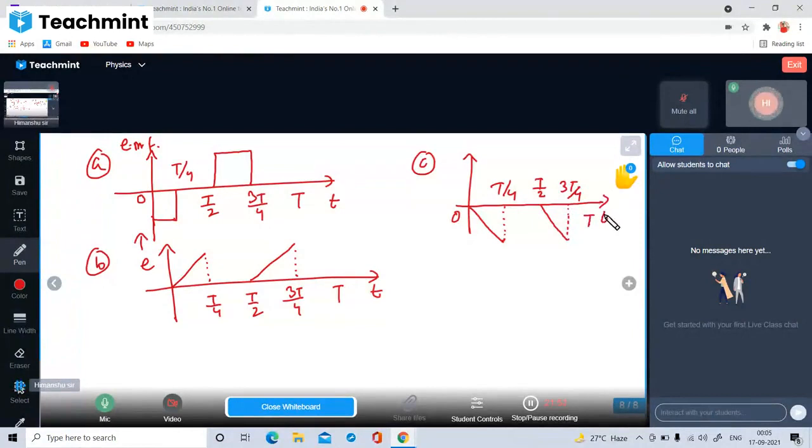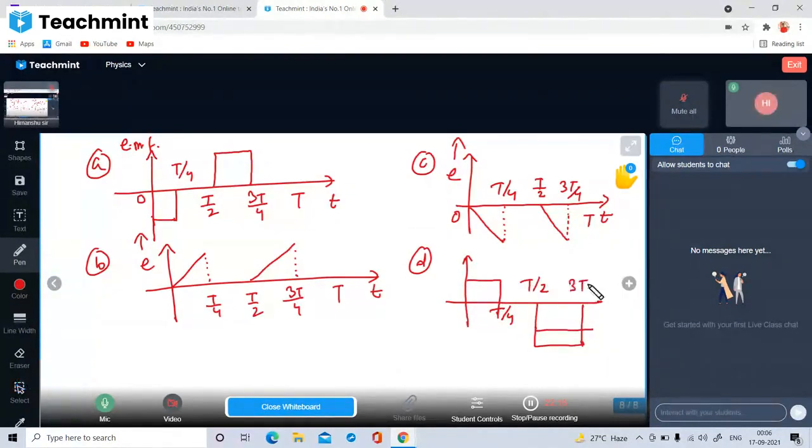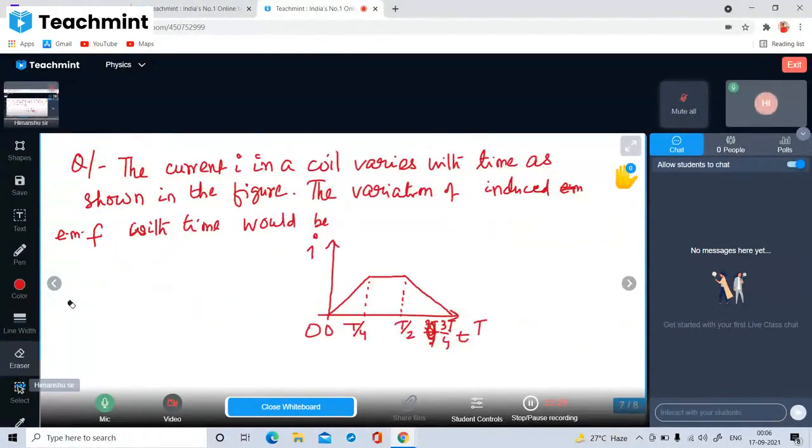So here it is t, here it is E, EMF on the y-axis. The last option: here it is positive up to t by 4, then t by 2 to 3t by 4 is the negative part, and next is t. So t, EMF E. Understood? So let's switch to the question.